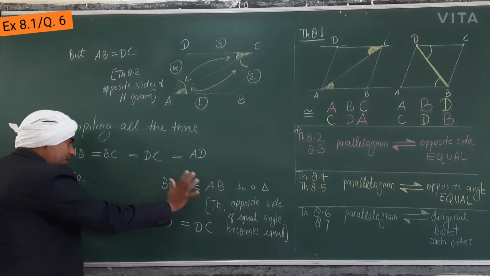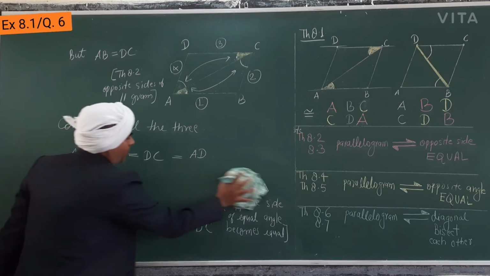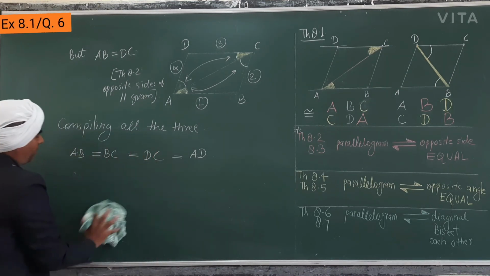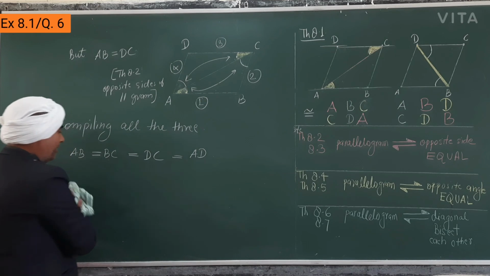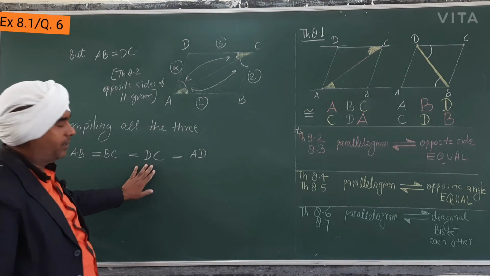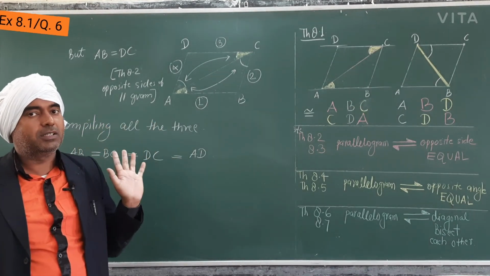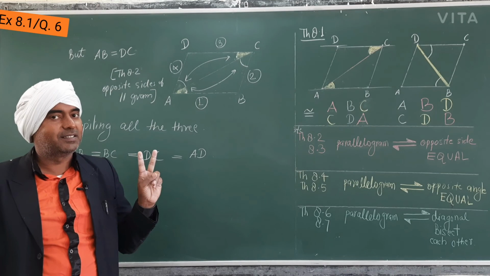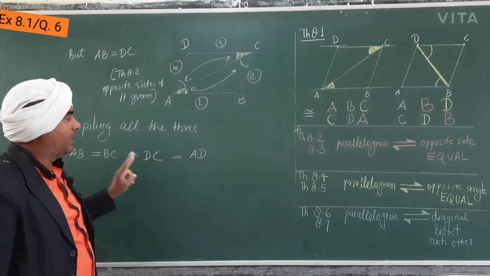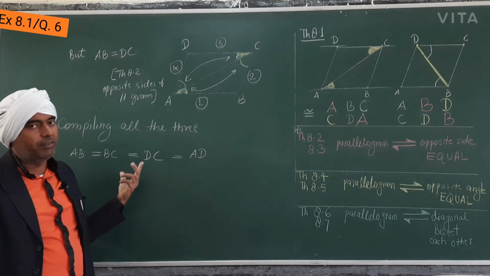So similarly, all sides are equal, and it's again a theorem. If any quadrilateral has all sides equal, there are two chances.